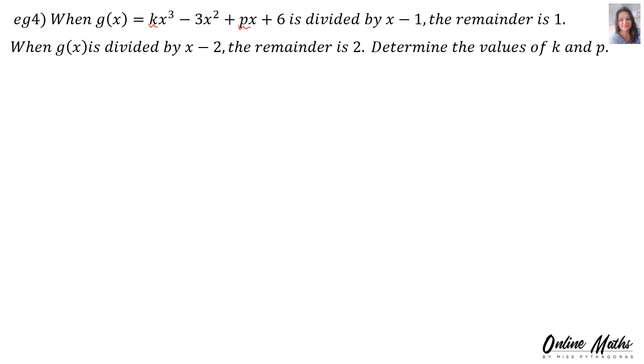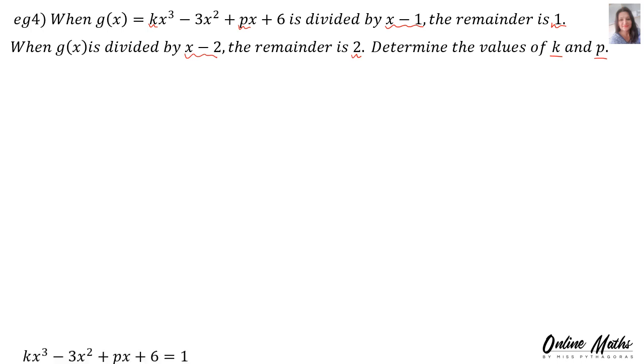If that is divided by x minus 1, the remainder is equal to 1. And when g of x is divided by x minus 2, the remainder is 2. Determine the values of k and p. So now it's very clear that we will use simultaneous equations.